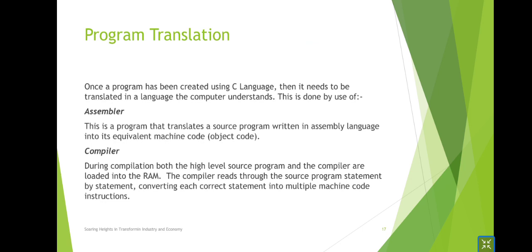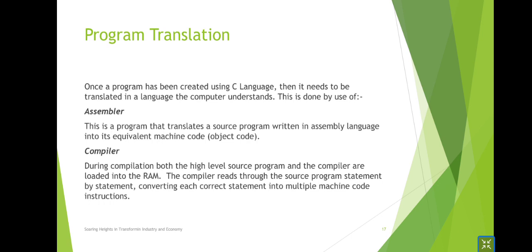So once you create the program, we have mentioned that the computer will not be able to understand that particular program. Whichever program that you write, since it is in high-level language, the computer will not be able to understand.